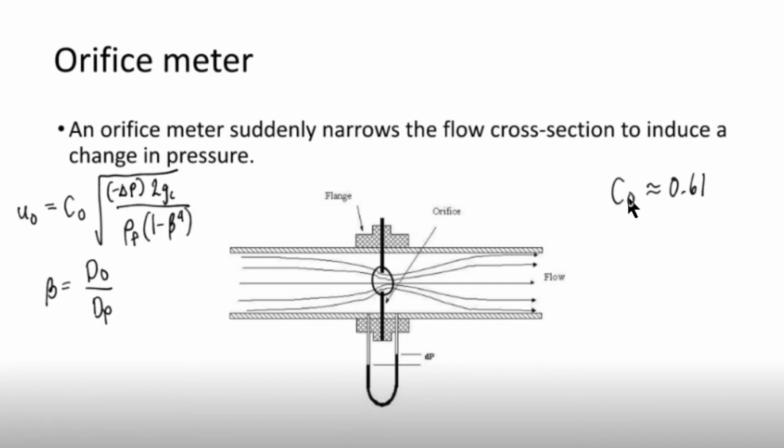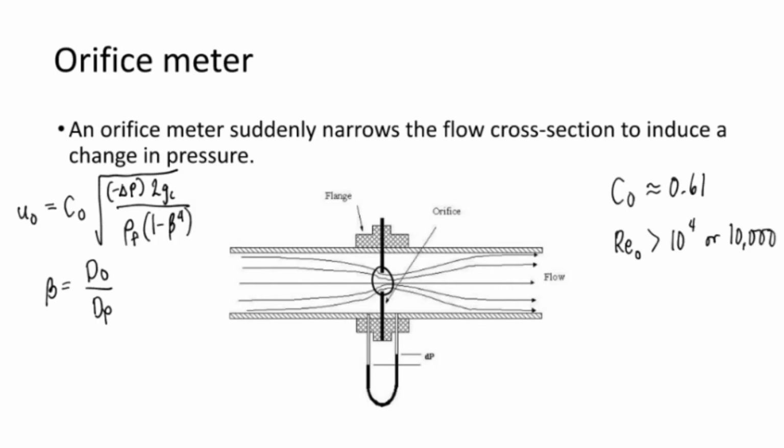You can only use CO equal to 0.61 if the Reynolds number at the orifice is greater than 10 to the fourth power, or 10,000. The Reynolds number at the orifice is simply the diameter of the orifice times velocity at the orifice times density, over viscosity.